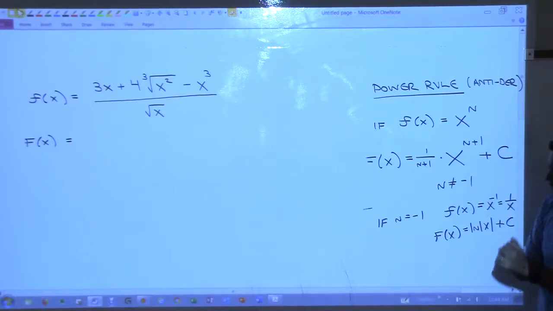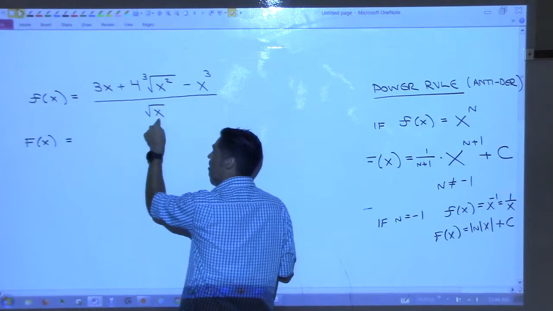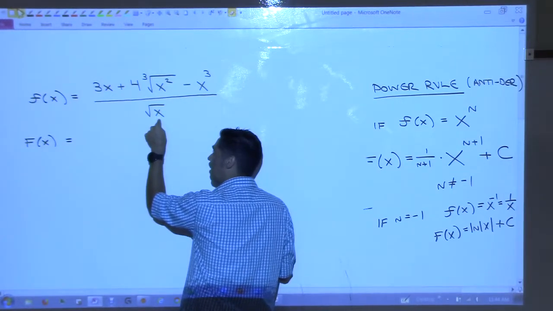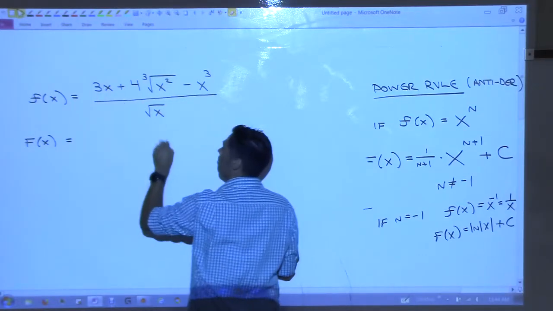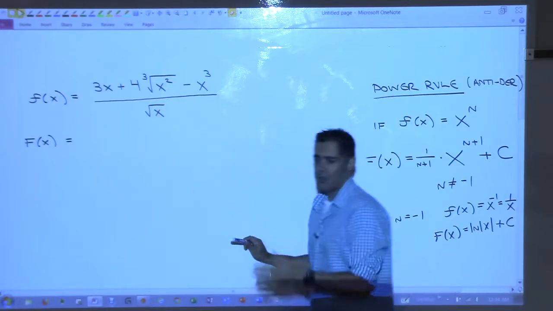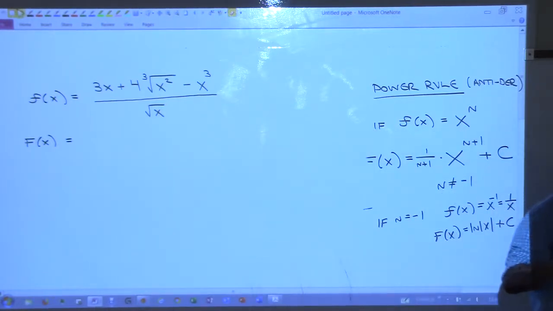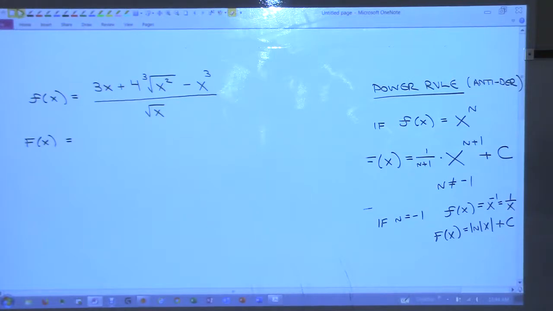And so the idea that's being suggested is since we have a single term in the denominator, we should be able to split this into 3 fractions. This over this, plus this over this, minus this over this. So why don't you take a minute to split it up, clean them up, and then apply the rule. And I'll see how much of that you can get done in the next 3 minutes. Maybe 4.